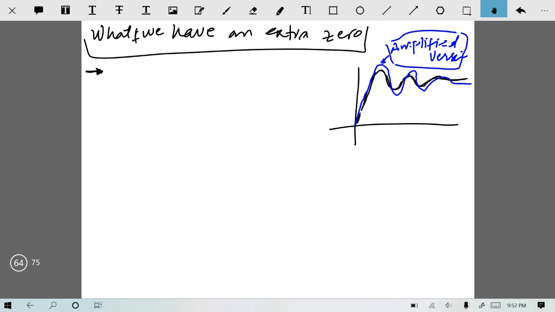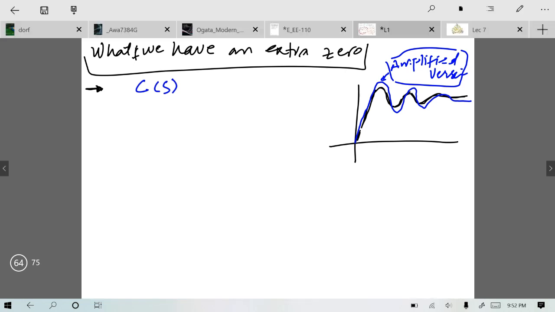If I try to explain it mathematically, let's say C(s) is your system's response. Adding a zero to the system response would be (s + a), a zero at s = -a, multiplied with C(s), which was the original response.